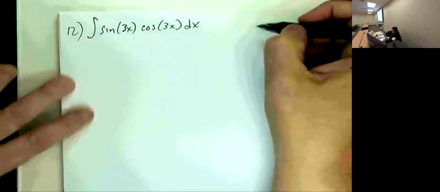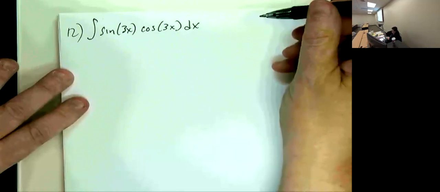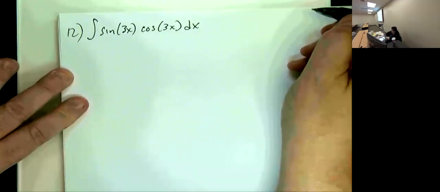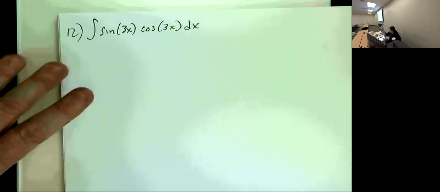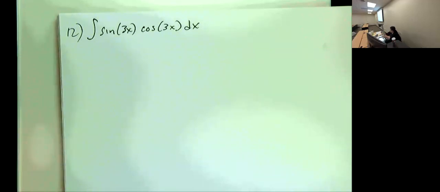So I don't know how to do this as is, so I'm going to make a substitution. Which one do you guys want to substitute on? If I substitute 3x, I'm still stuck with my problem. But it's not a bad idea. There are ways to work with this where it's not a problem anymore.